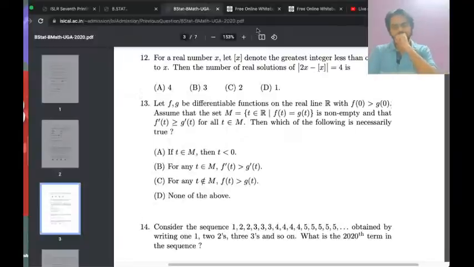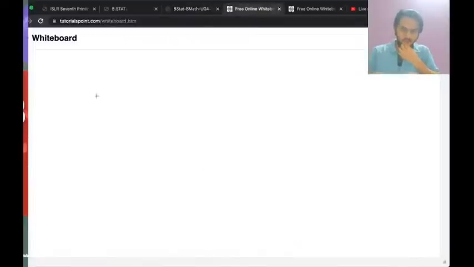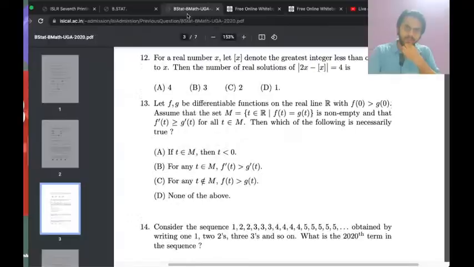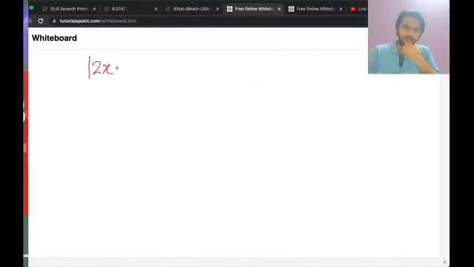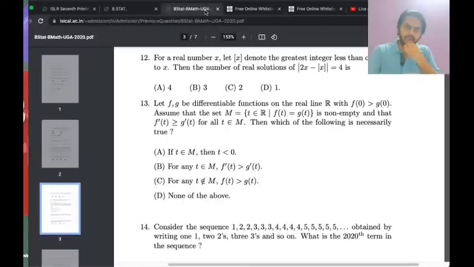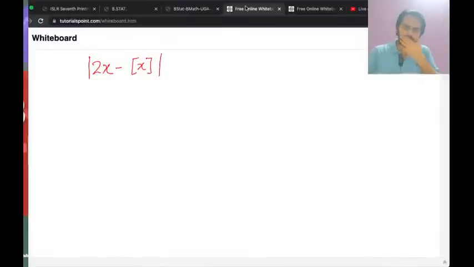So over here we have mod of 2x minus box, or GIF, or integral part of x, mod, is equal to 4. Okay.